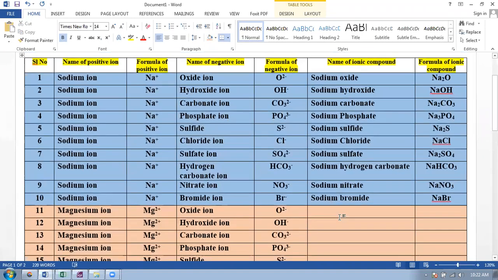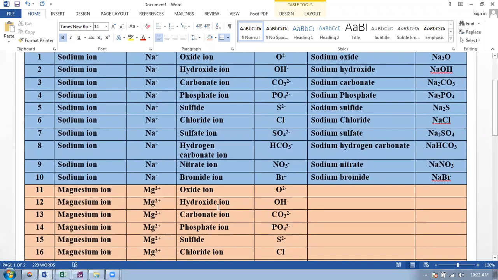Now look at this. We have finished sodium ion. Now magnesium ion and oxide ion. Please follow with me where I am right now. Magnesium ion and oxide ion. Magnesium oxide. Definitely magnesium oxide. And the formula will be Mg. At first you write magnesium Mg and then you write O. So now they have 2 plus and 2 minus.